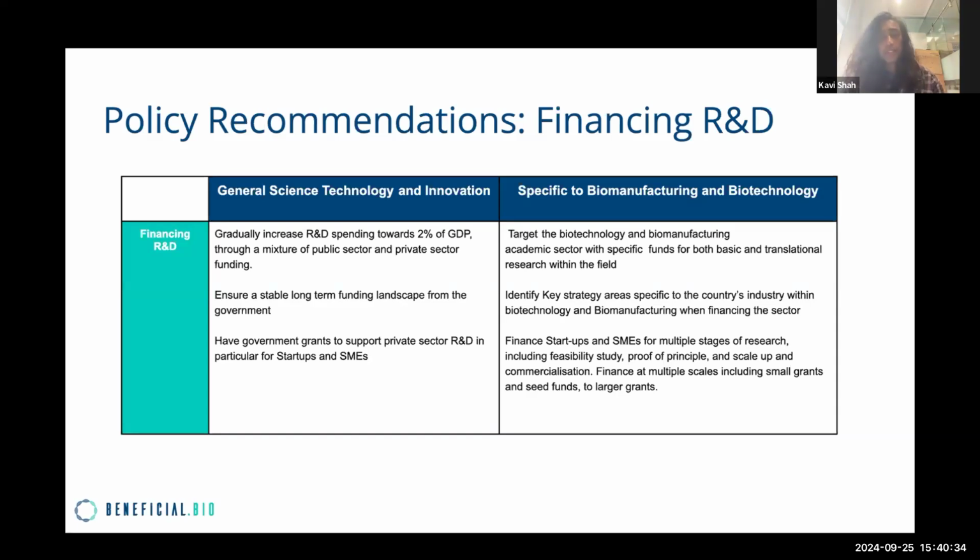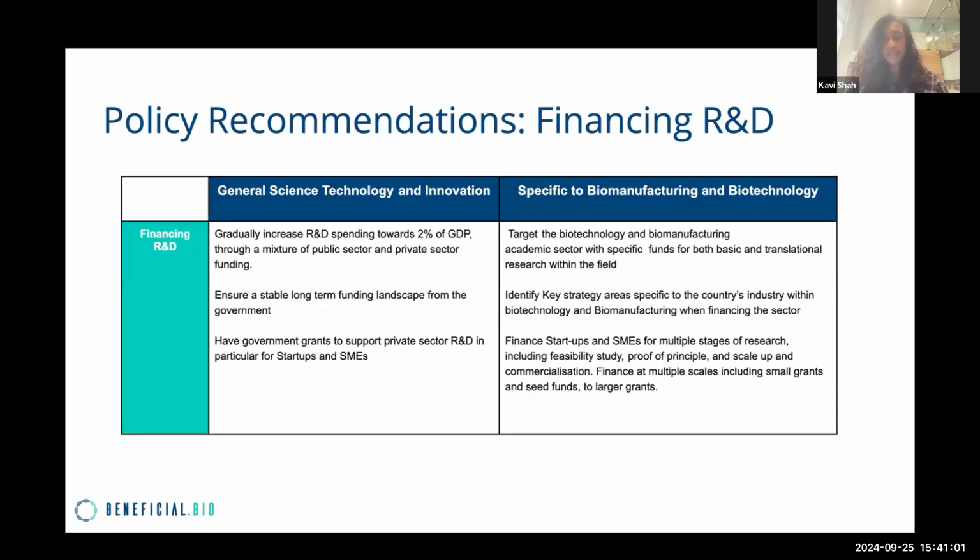And so specific to biomanufacturing and biotechnology, they could have specific funds targeted at the area. It has been identified as a target technology by many countries in the region. And building on strengths specific to the country, whether it is certain types of bioproduction or the health sector, could be a good way.